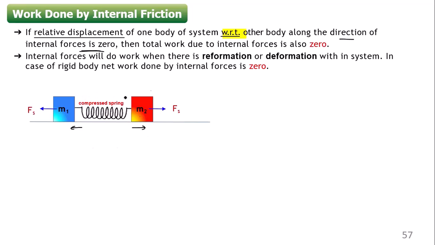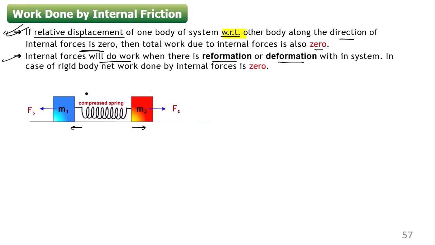Okay. So in that situation, there is a relative displacement, and that means what you can say is, if relative displacement of one body with respect to the other along the direction of the internal force is zero, then only work is zero. Okay, in this situation, relative displacement is not equal to zero. Internal force will do work only when there is a reformation or deformation in the system. That means if I apply a force, then only an internal force will come.